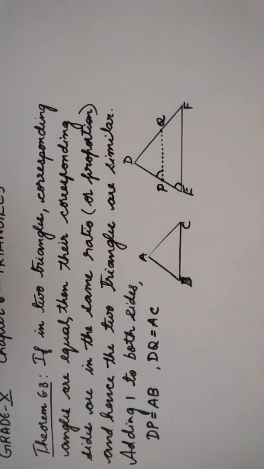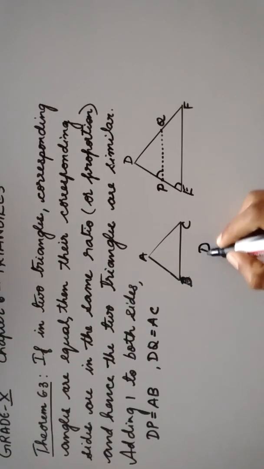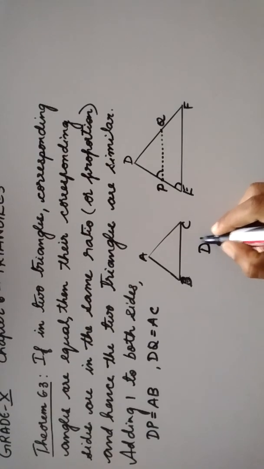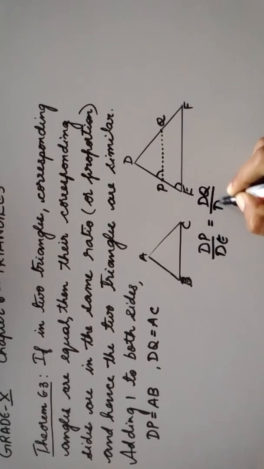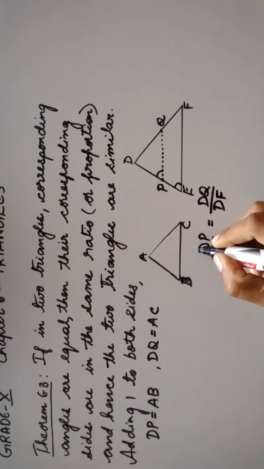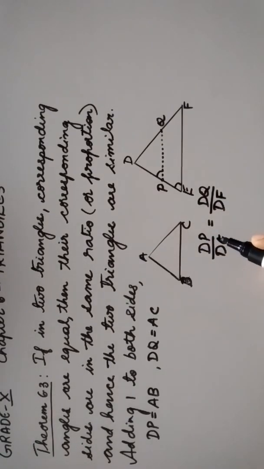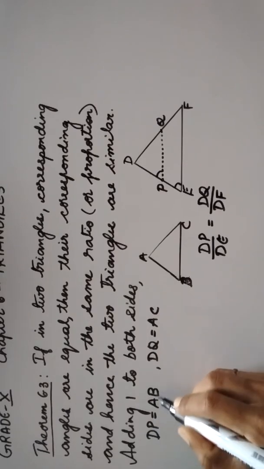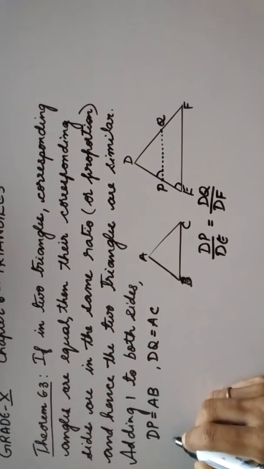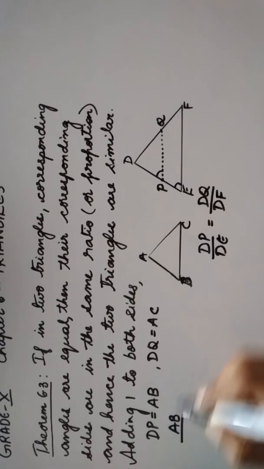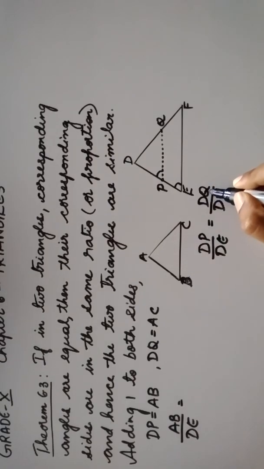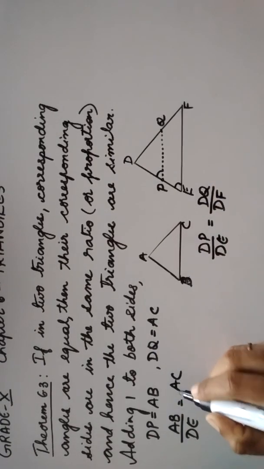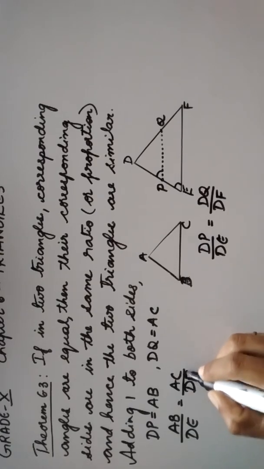So, just previously we had DP by DE, which is equal to DQ by DF, isn't it? So here, since DP is equal to AB by construction, I can write AB by DE, which is equal to, instead of DQ, I can write AC by DF.